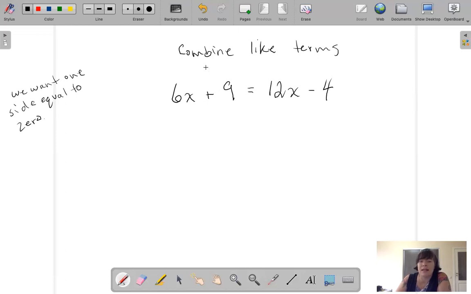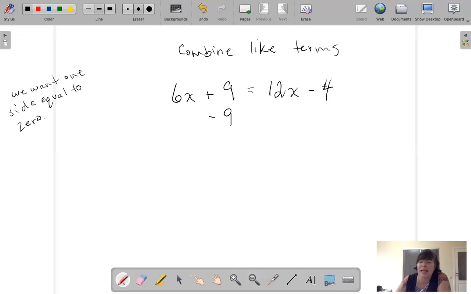I want this side right here to be equal to 0. Well, how do I get rid of a 9? If I've got 9 and I want 0, how do I get rid of it? Subtract it. There's a rule, a very strict rule. What you do to one side of the equal sign, you must do to the other side.